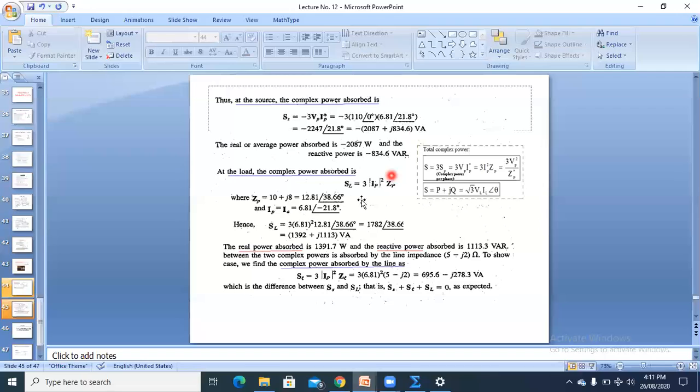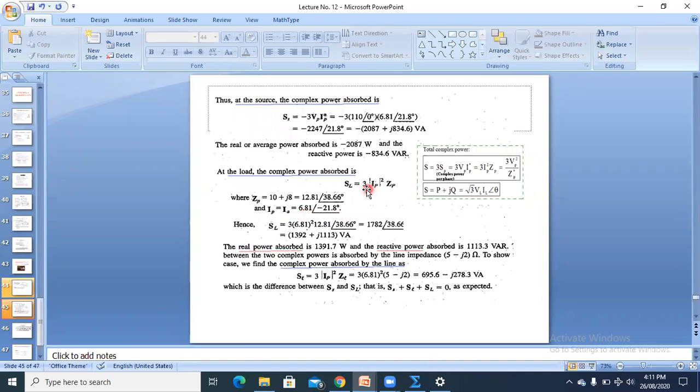So in case of the load, we calculate 3 Ip square Vp. So we calculate this with the Vp known, and with Ip equal to Ia, 6.81 at the angle of -21 degrees. So we take the square of this magnitude.